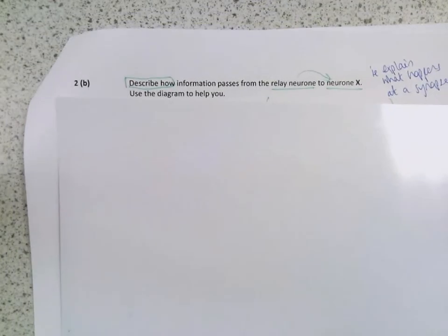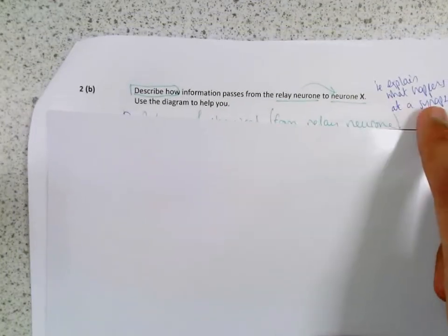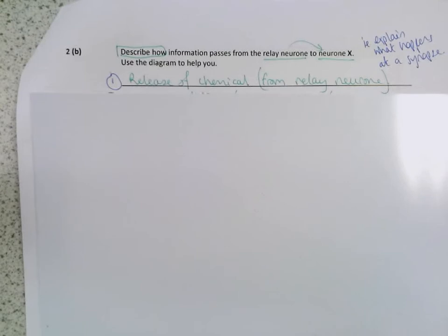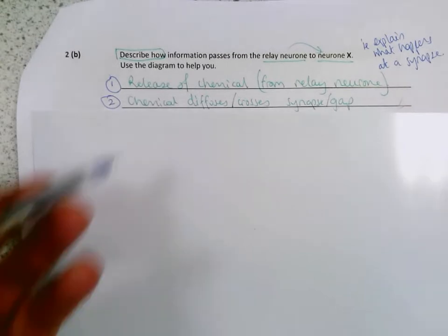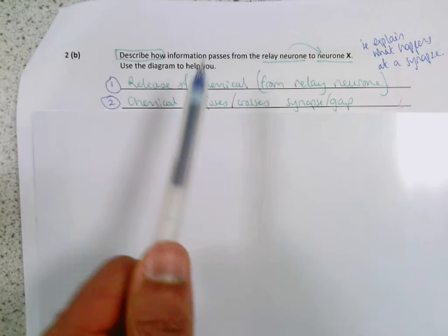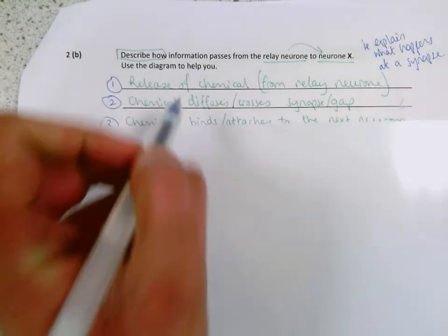Describe how information passes from the relay neuron to neuron X. In other words, what happens at a synapse when we go from a relay to a motor neuron. You can use the diagram to help you. So, first of all, a chemical is released. If you said neurotransmitter, great. The chemical diffuses, or you can even use the word crosses, but it's better to say diffuses. I would stick to this word here.